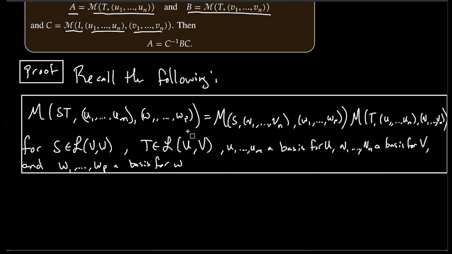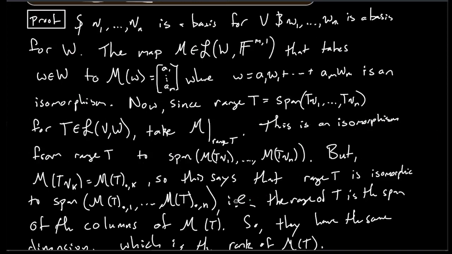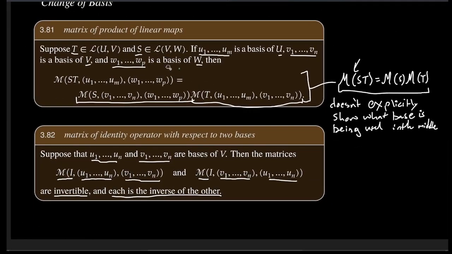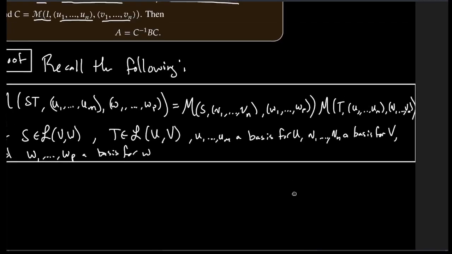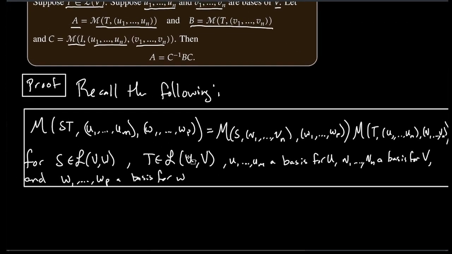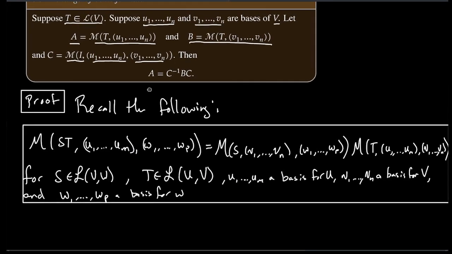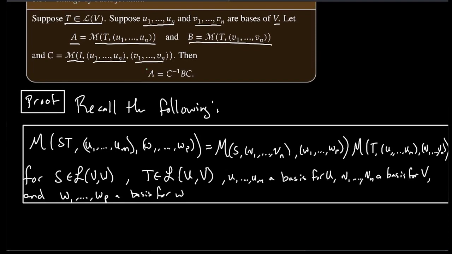This is a result we had just talked about a second ago, the matrix of the product of linear maps. All we have to do is look at things here. This is almost a simple inspection type result.